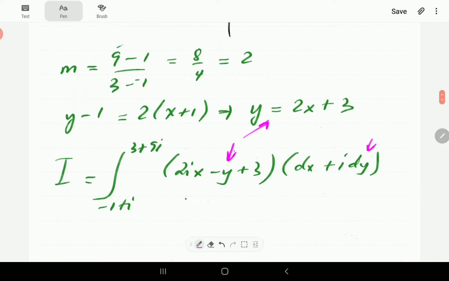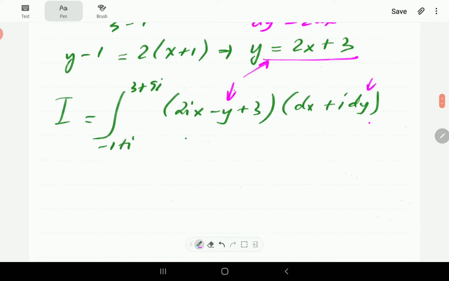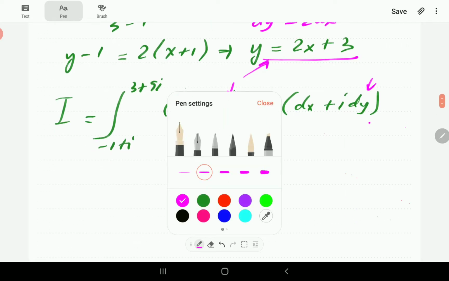So dy from here is simply going to be the derivative of the right hand side, which is 2, times dx. So dy is going to be 2 dx. That means we can now rewrite our integral.